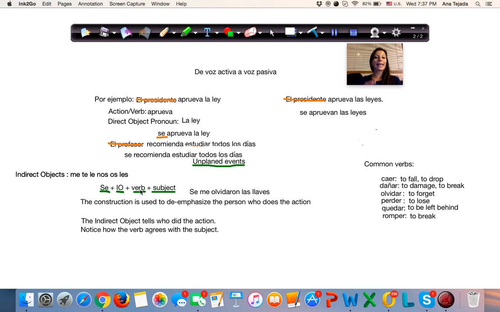Then our verb, again, the verb can only be conjugated in two forms, the él, ella, usted, and the ellos, ellas, ustedes. And they're the subject of the sentence.